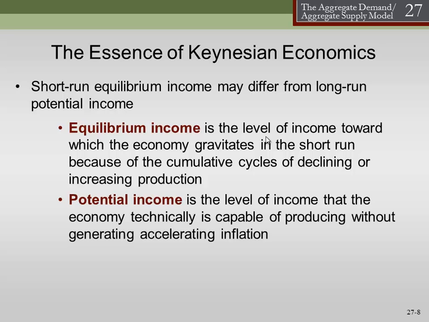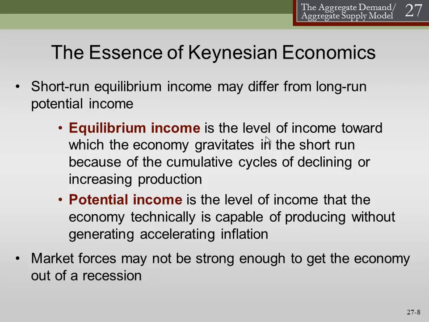Potential income is the level of income that the economy is technically capable of producing without generating accelerating inflation. It's going to make much more sense when we get to the model and I can show you a graph. We think about equilibrium income as where we're actually at right now. That's how much output we're really producing. Potential is how much output we can produce sustainably in the long run.